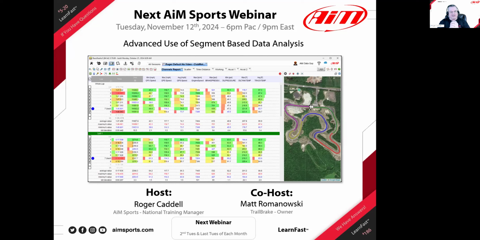We're going to talk about advanced use of segment-based data analysis. It's something I've been doing a lot more of, and there's real power in being able to break up the track into segments and then do segment analysis. Matt and I are going to give some tips and tricks on how to get some really valuable data analysis done using segment-based analysis. We'll be talking about that in our next webinar, November 12th.